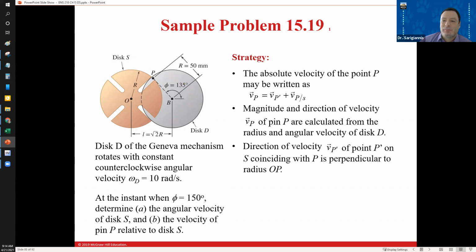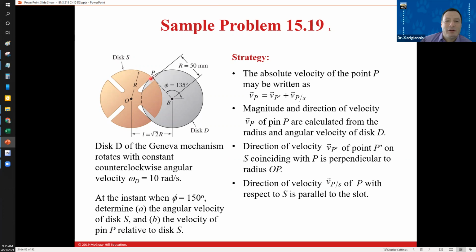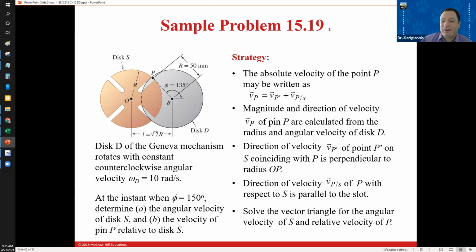And then the velocity V of P prime is perpendicular to the radius OP right now, so we can use that relationship to get the direction. And V of P with respect to S is parallel to the slot, so at that instant it's moving into the slot in this direction. Now, obviously, it's going to change at later times. We're going to draw out a vector triangle, and we'll solve that.